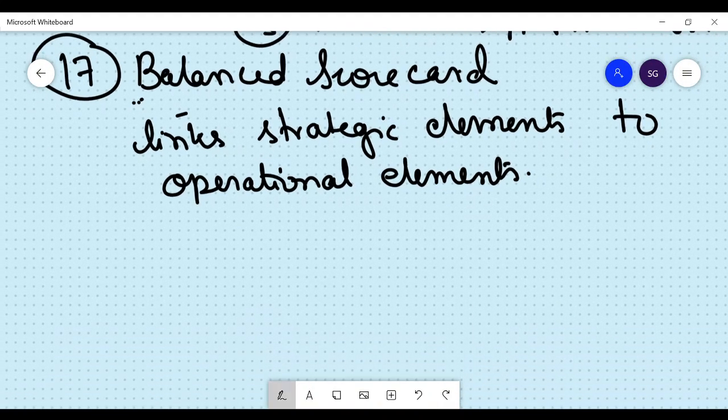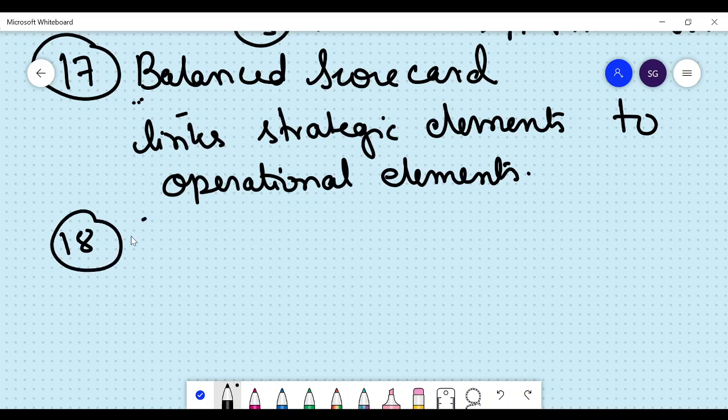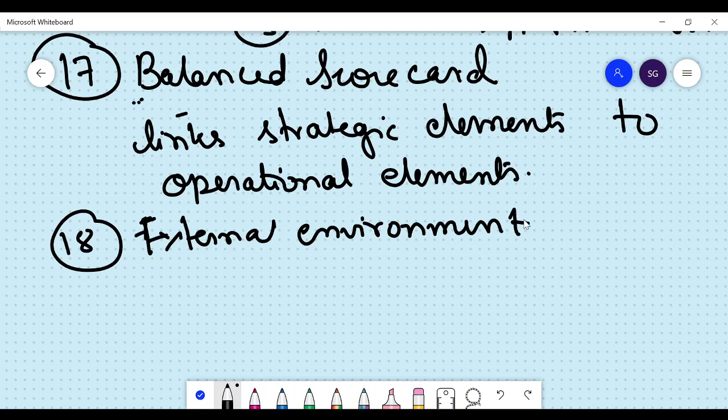The next topic is point number 18, external environment. We know what is external environment and what is macro environment. So external environment generally deals with all the macro environment factors.